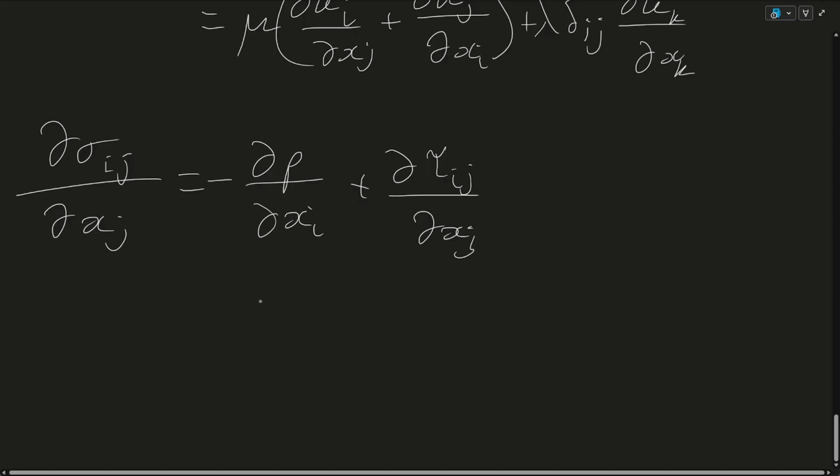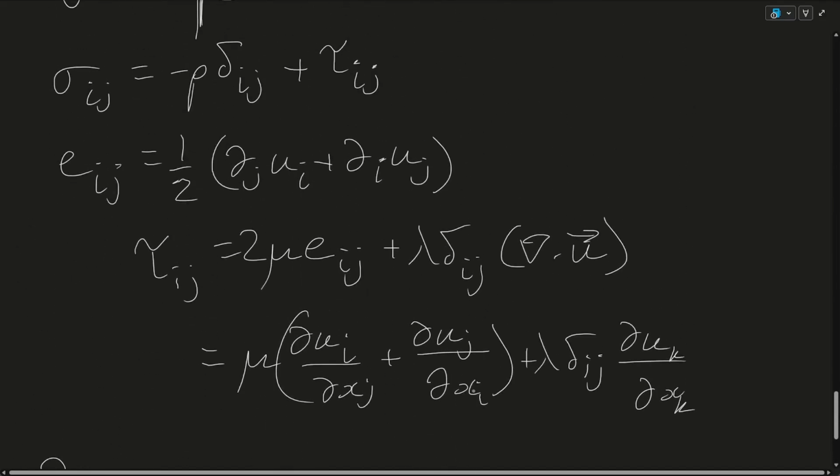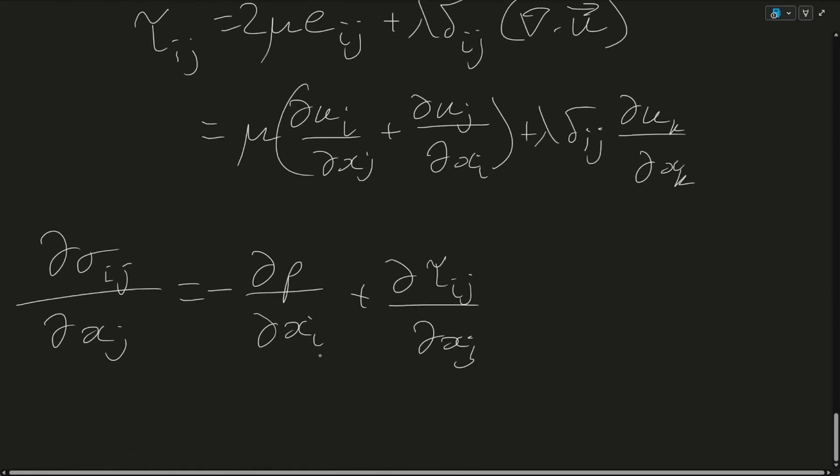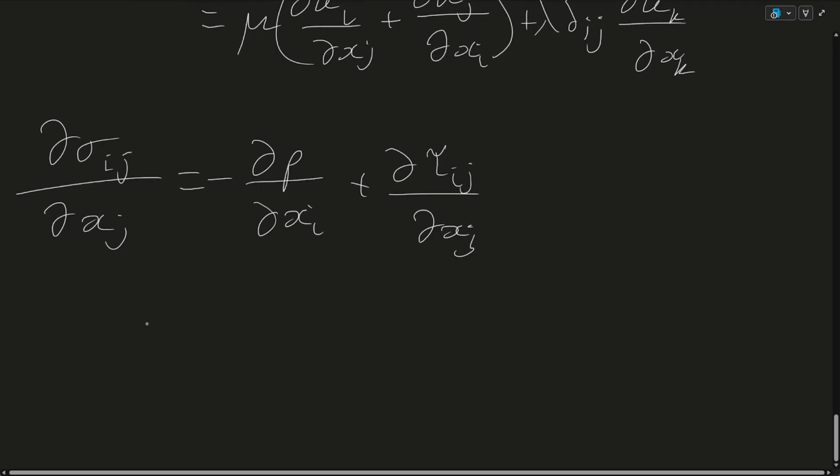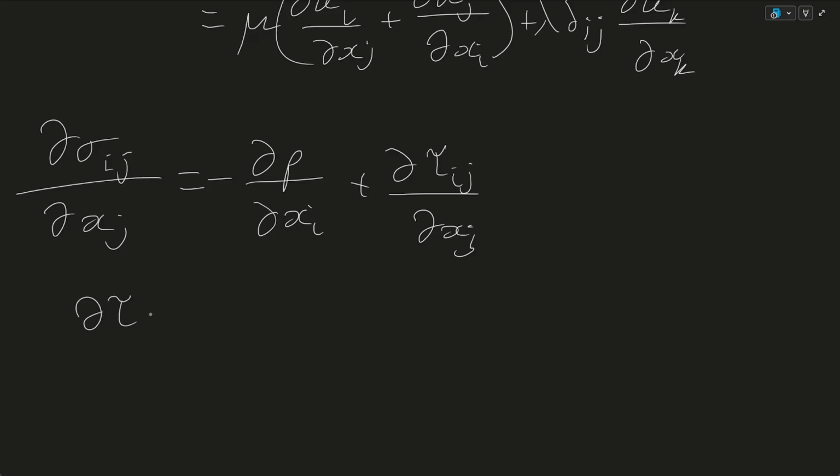And we can differentiate this to find that with respect to xj. And now this is going to be a mess of partials, so I'm really sorry about that in advance.